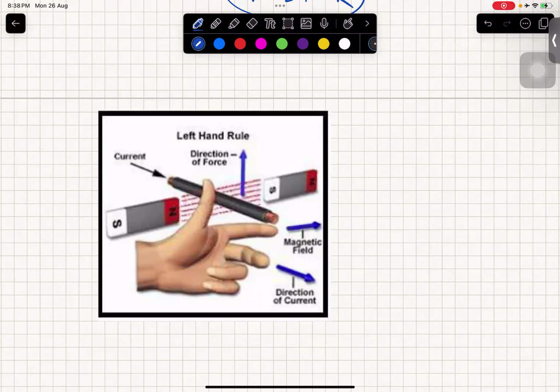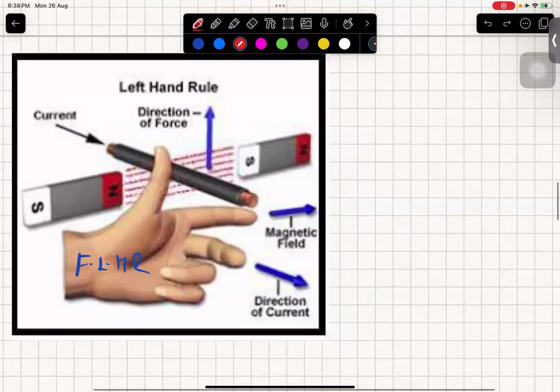So let's understand this. This is first of all Fleming's left hand rule. I'm going to use the left hand, not the right hand. So what does each of the fingers have to do? The thumb will be nothing but the force or the thrust.